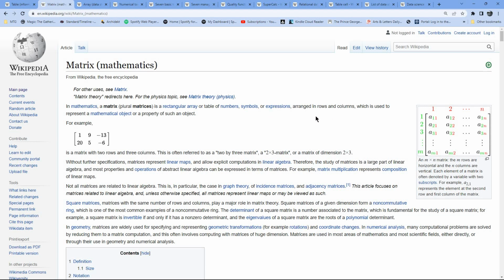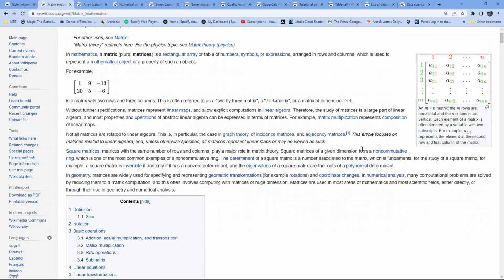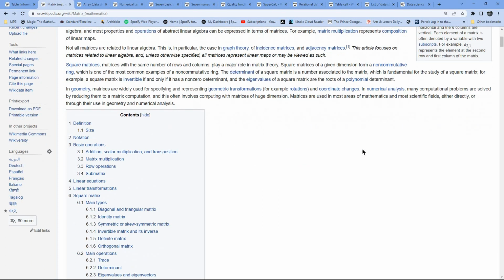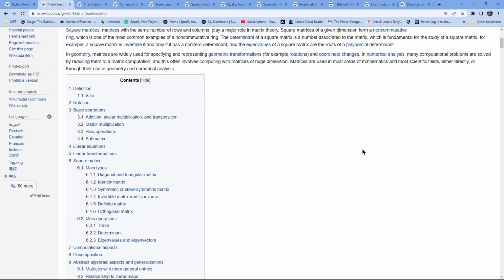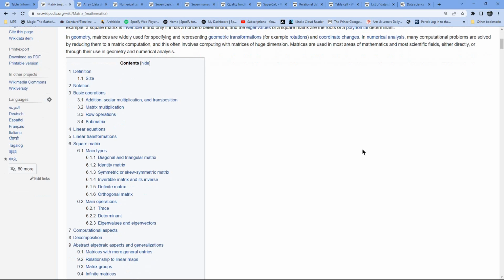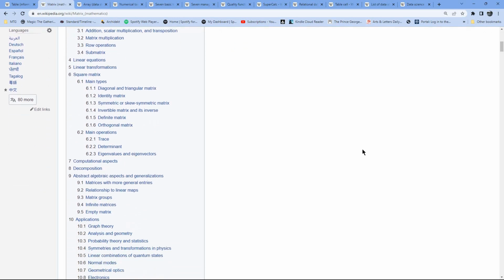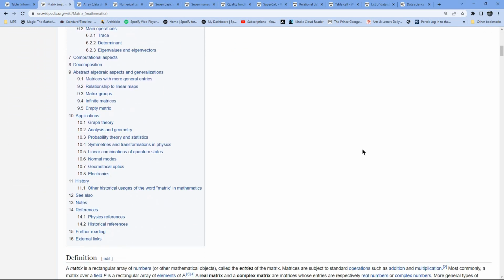So I learned this early on, and again, I've probably lost count of the amount of times I've revisited matrix multiplication in various guises over the years.